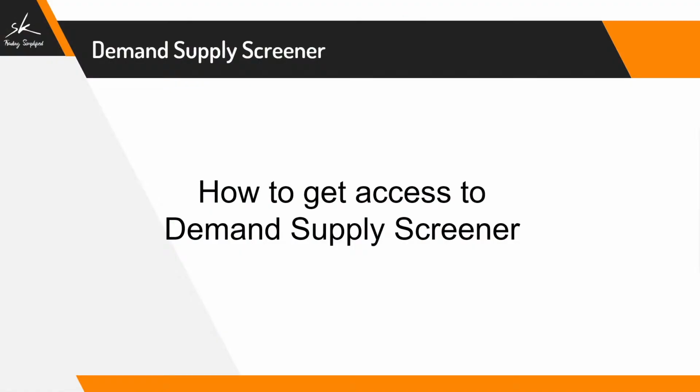All right, so first, how do I get access to the demand and supply screener? Like I already said, currently it is not yet launched, but once it is launched, all you need to do is go to our website, and under the products you will be able to find the screener. Once you subscribe for it, from the backend we will activate it for you.